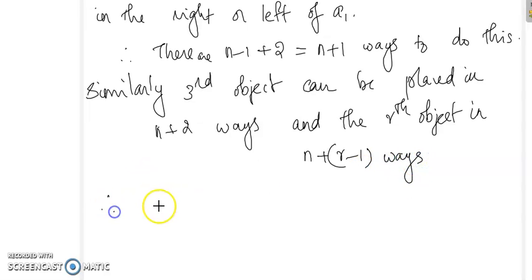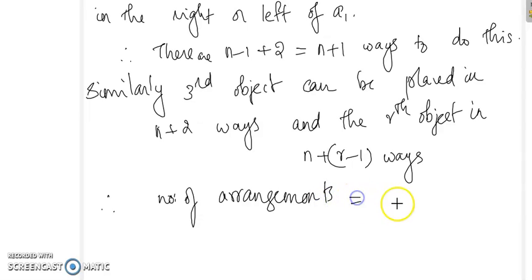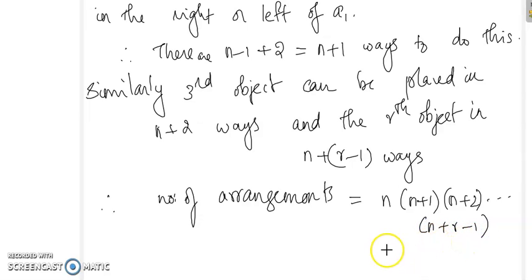So therefore the number of arrangements is given by, by multiplication rule, n into n plus 1 into n plus 2, so on n plus r minus 1. So that is the number of the required arrangements.